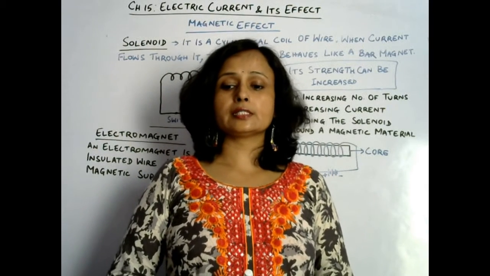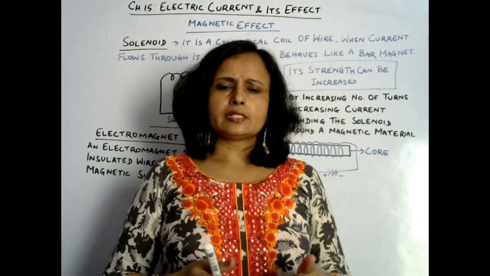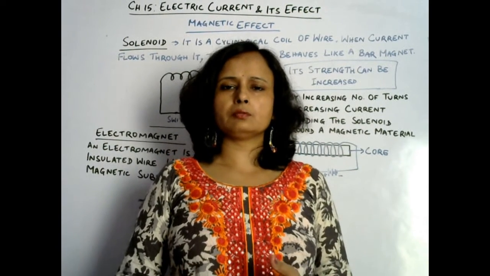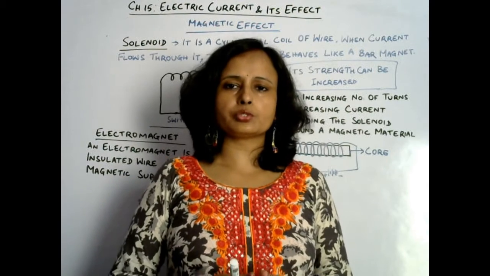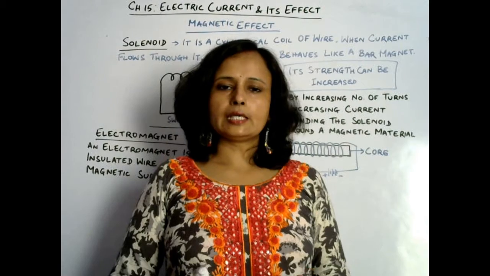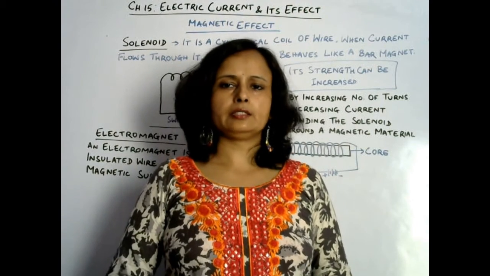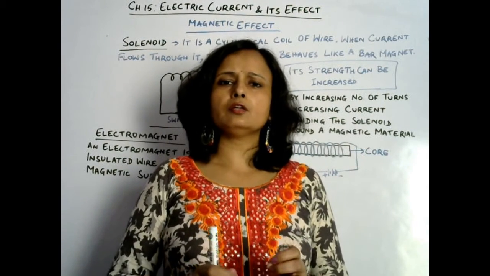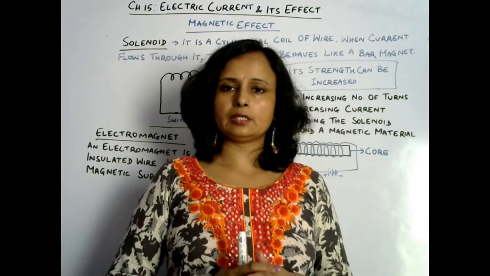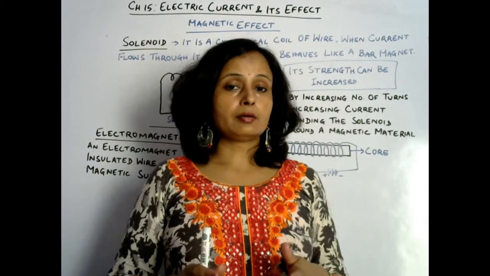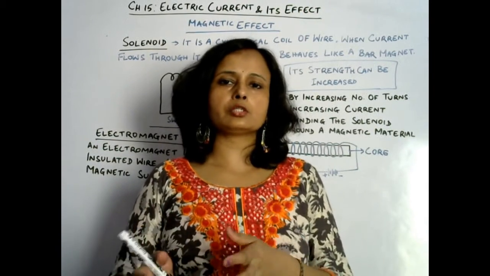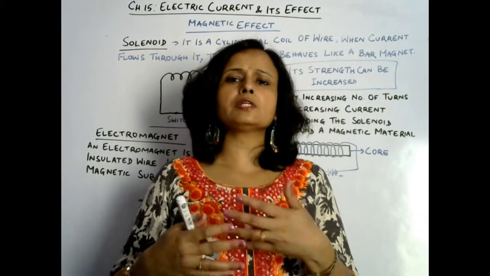Now the question arises here, why do we need an electromagnet? Can't we put some original magnet in those devices? The answer is no. Why? Because an electromagnet is a temporary magnet. It behaves like a magnet only when electricity is supplied to it. But an original magnet will always behave like a magnet.